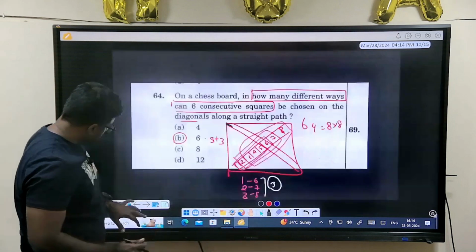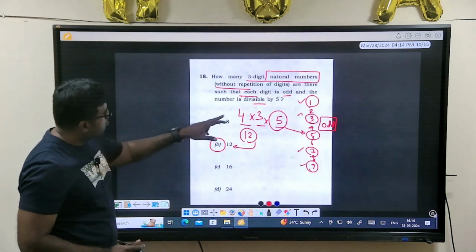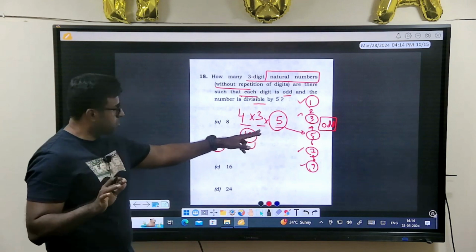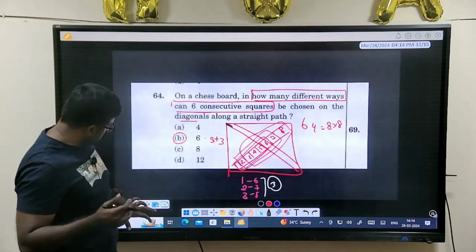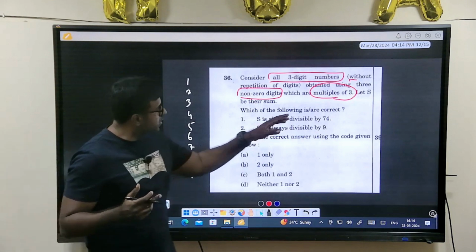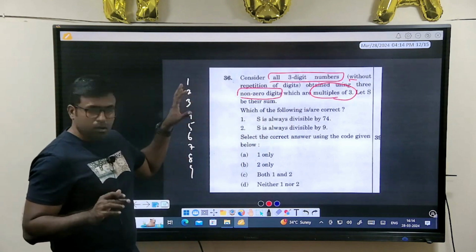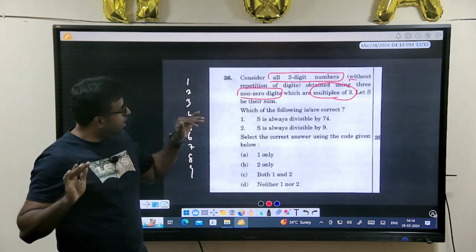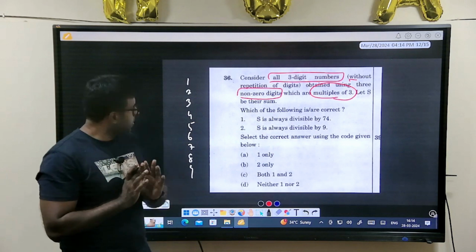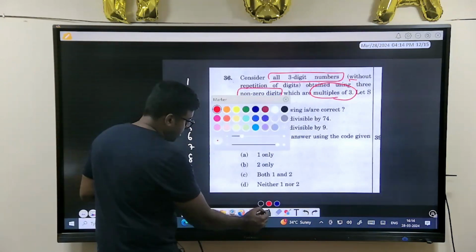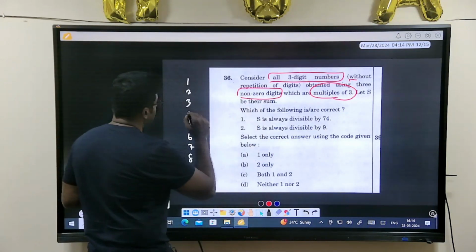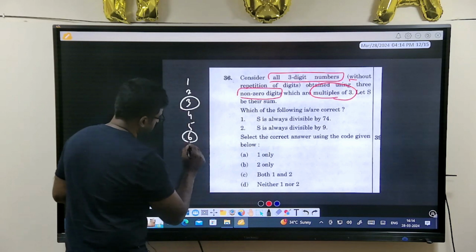Here, it talks about divisibility by 5, so that means 5. One more clause that they included is that the digits are non-zero, but they are multiples of 3, which means it can be this only.